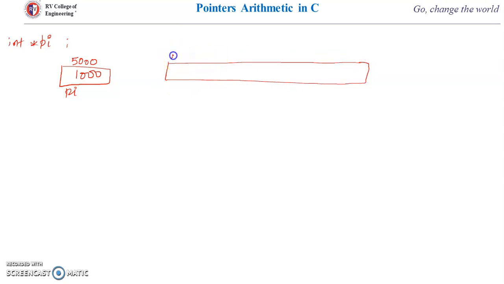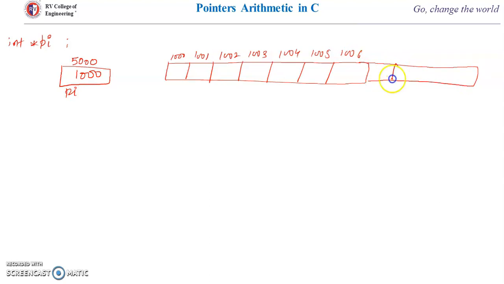If I say this is 1000, this is 1001, then 1002, 1003, 1004, 1005, 1006, 1007, 1008, 1009, 1010, like this.